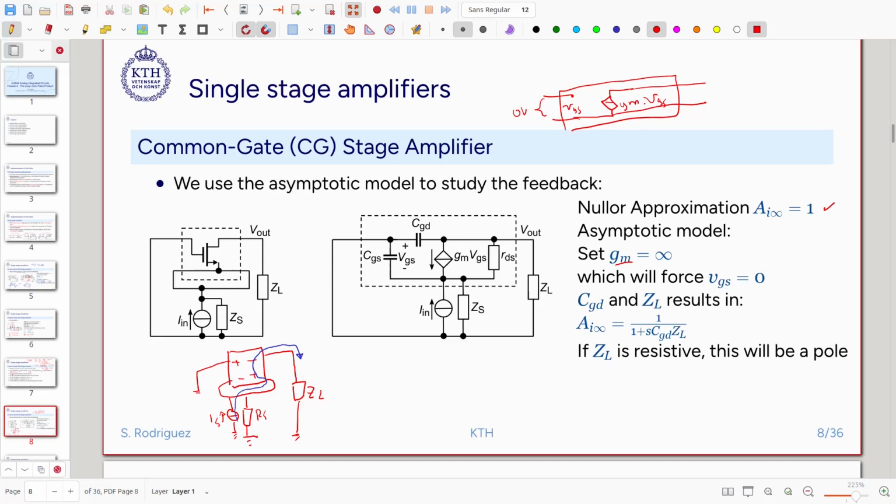We set this transconductance to infinite due to the feedback. It means that the voltage here will be 0 volt, and then we can see the following properties.